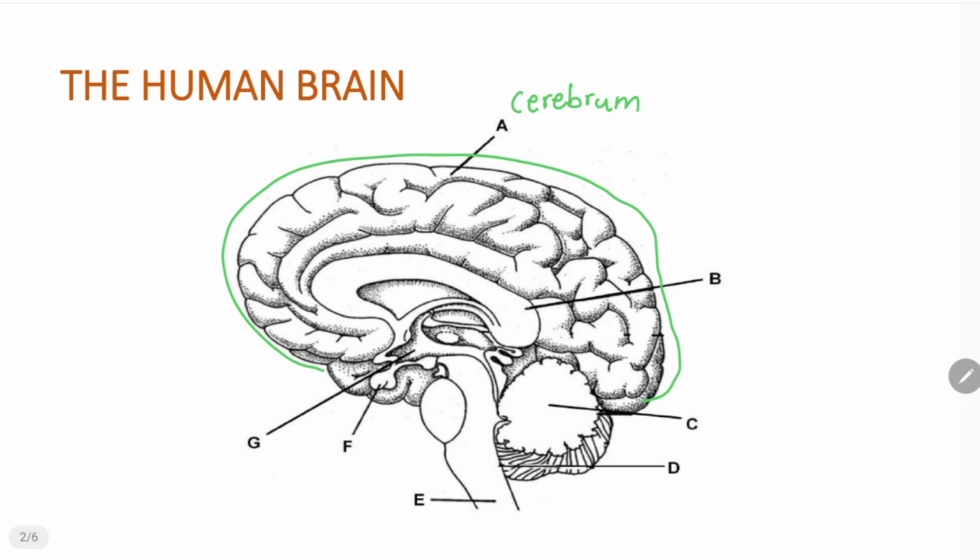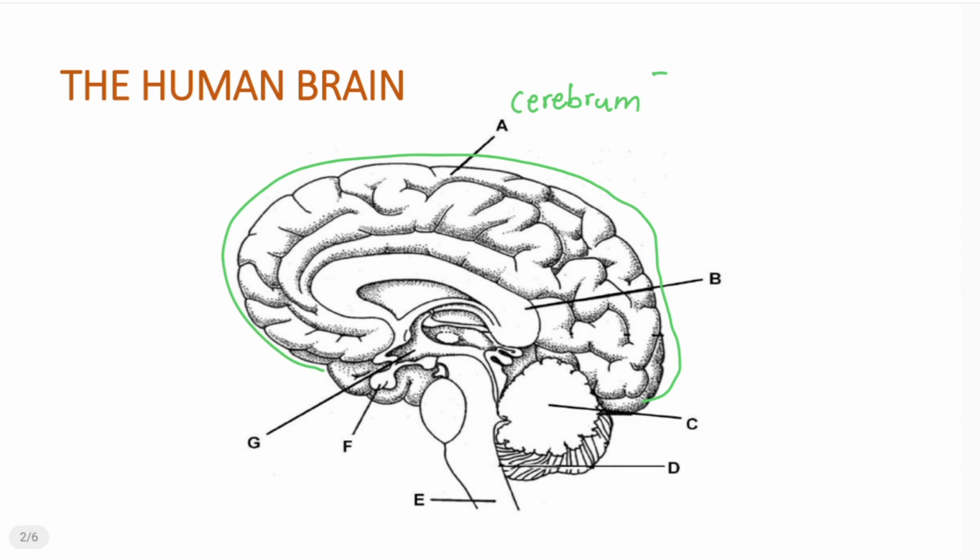The cerebrum is the largest part of the brain, and we are going to focus on three functions that are performed by the cerebrum. Function number one, the cerebrum is said to receive and interpret all sensations. By sensation, we are referring to things like the ability to see, the ability to hear, pain.